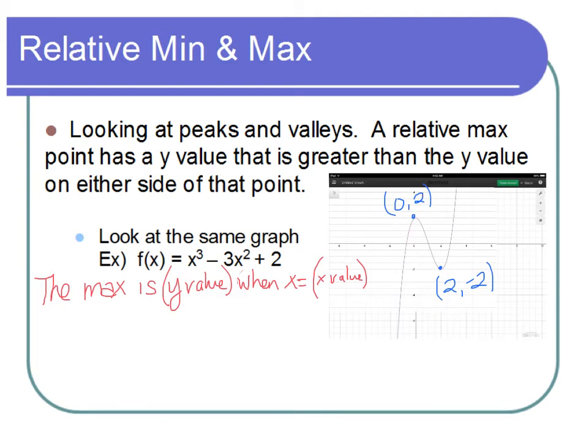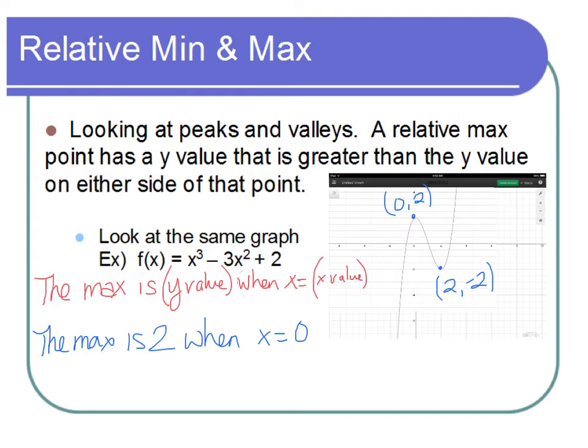So you would write then, for this example, the max is 2 when x equals 0. Now, if this was a word problem of some sort, then you'd say the maximum profit is $2 when I sell 0 items, or something like that.